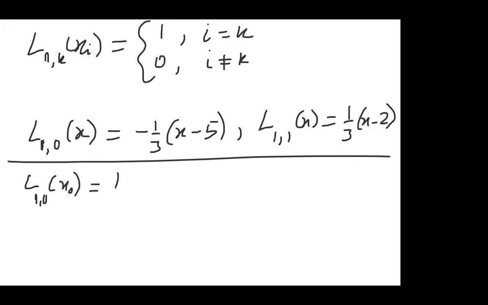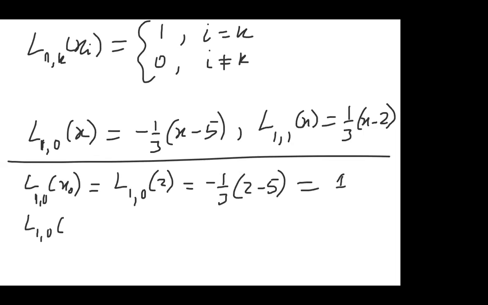L10(x0), where x0 is just equal to 2. If I substitute in there, I'm going to get 1 over 3 times (2 minus 5), and you will see that this just gives you 1. Now try to get L10 at x1.